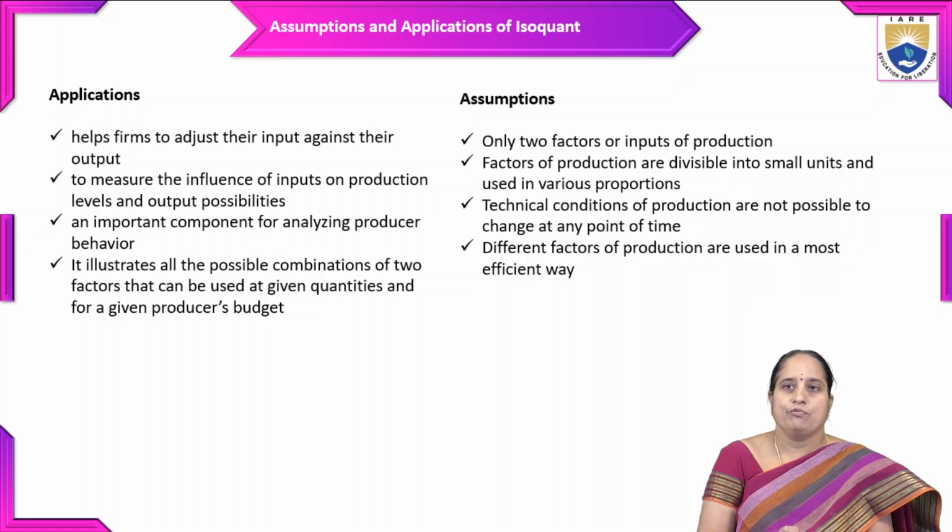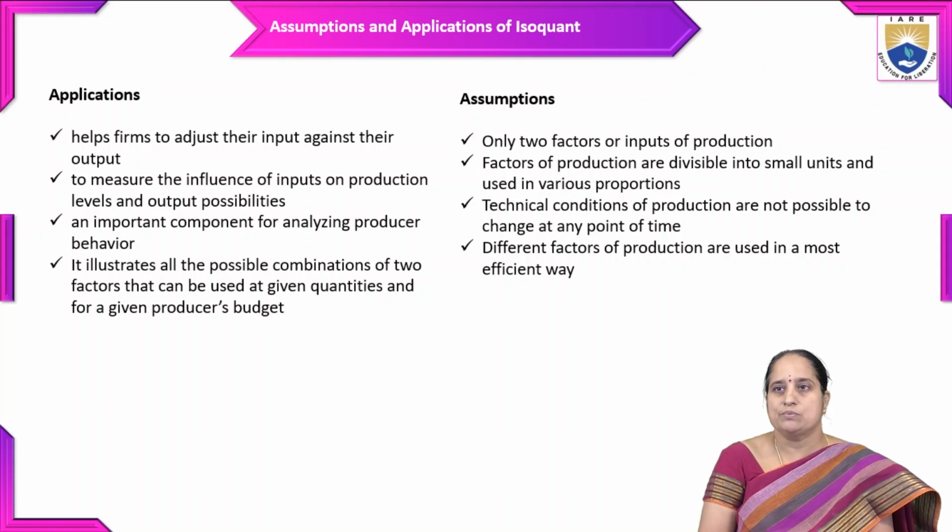It measures the influence of inputs on production levels and output possibilities, and it is also an important component for analyzing producer behavior. It illustrates all the possible combinations of two factors that can be used at given quantities and for a given producer's budget. So based on the budget, we are able to produce the goods for the consumers.